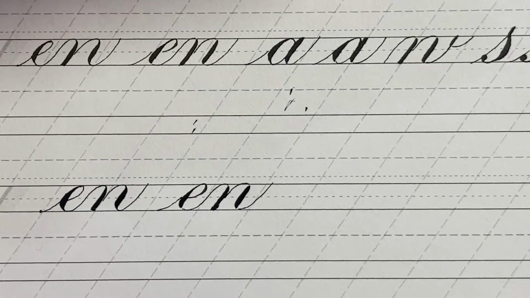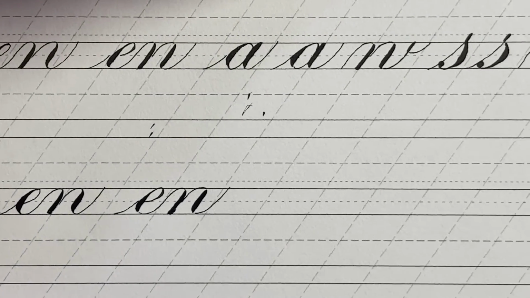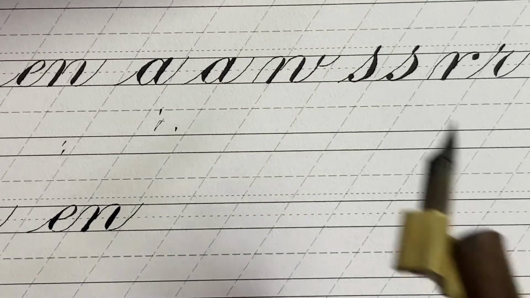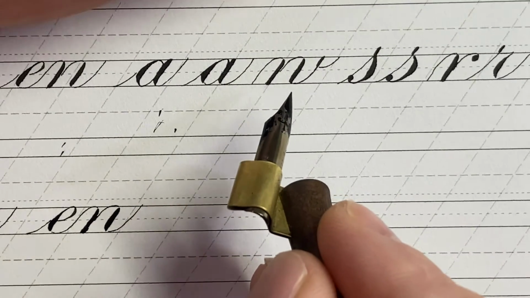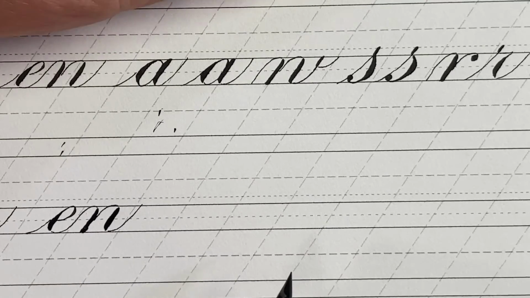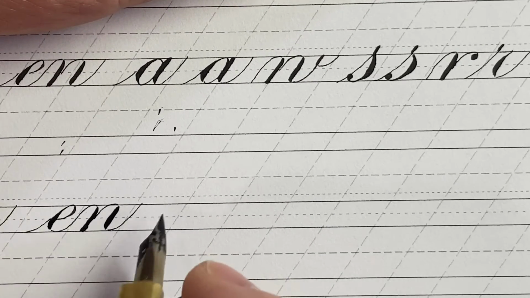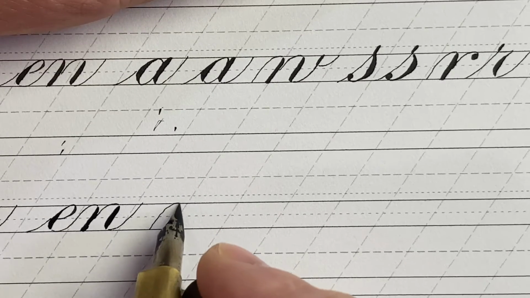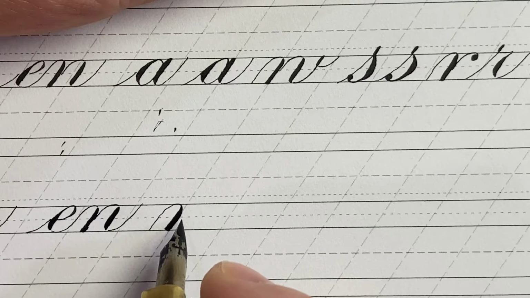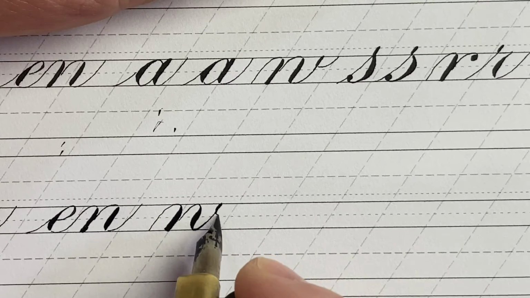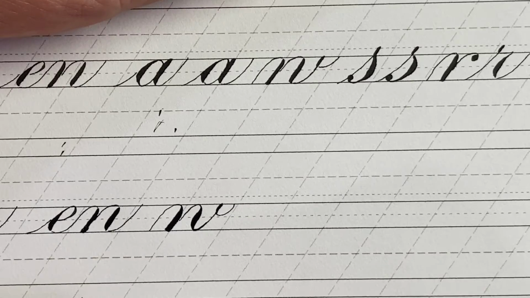Now, as far as letter forms are concerned, this top W here is one of my favorite ways to make a W, and I've seen it's a popular English roundhand sort of variant. You can just come up over here like this, and then like that.